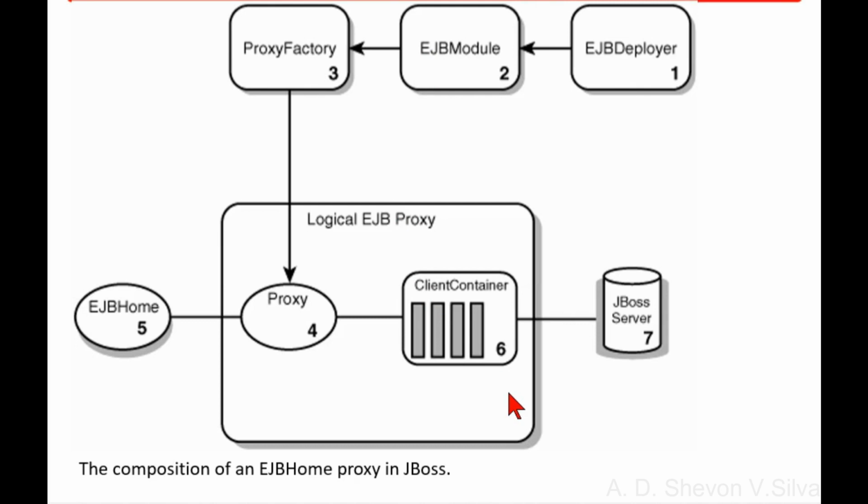You can add your own interceptors as well. The transport specific invoker associated with the proxy has an association to the server side detached invoker that handles the transport details of the EJB method invocation. The detached invoker is a JBoss server side component.